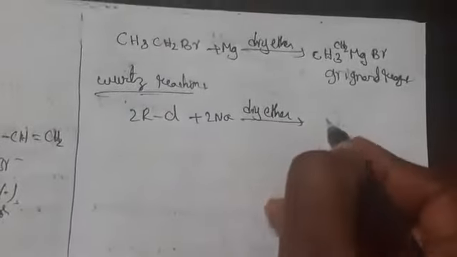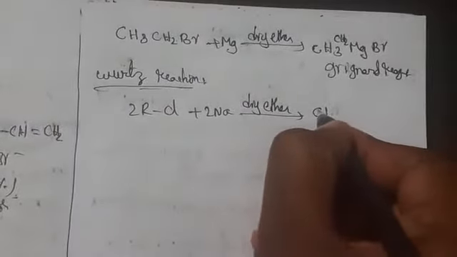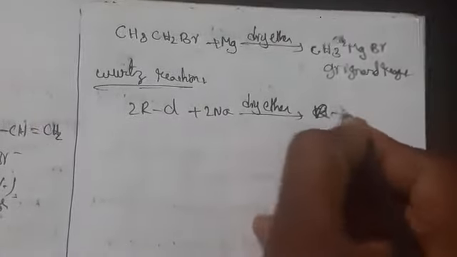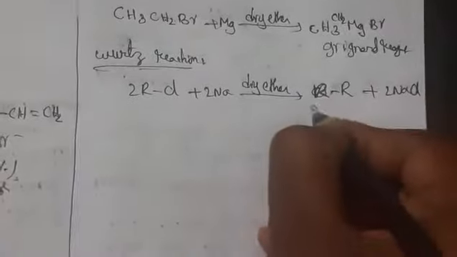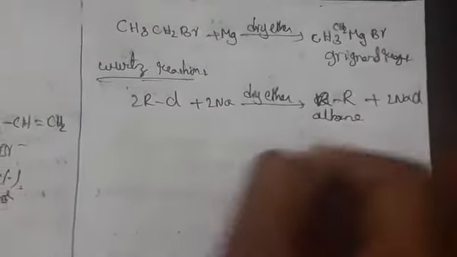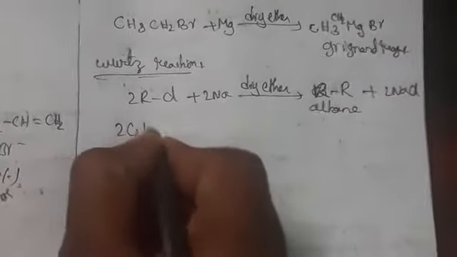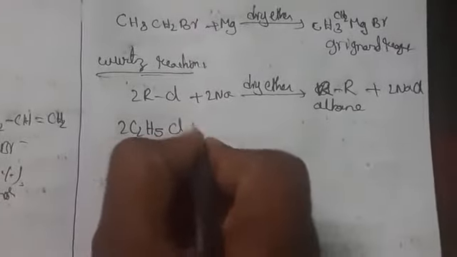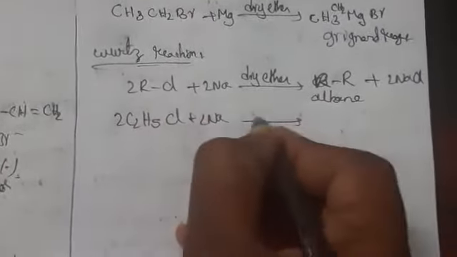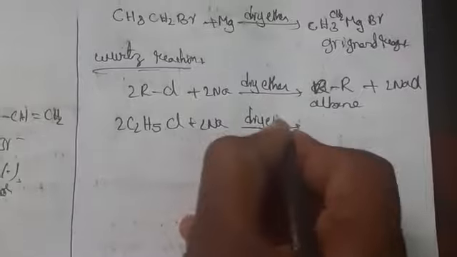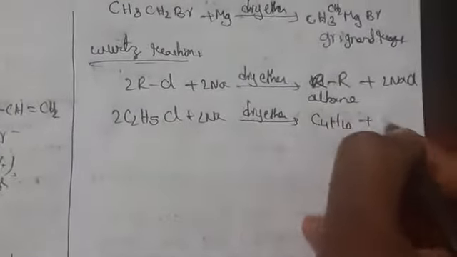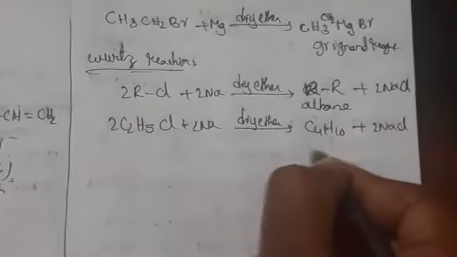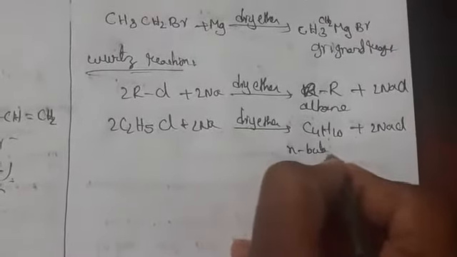So here it forms R-R plus 2NaCl, an alkane. For example, 2C2H5Cl plus 2Na in the presence of dry ether forms C4H10 plus 2NaCl. That is butane.